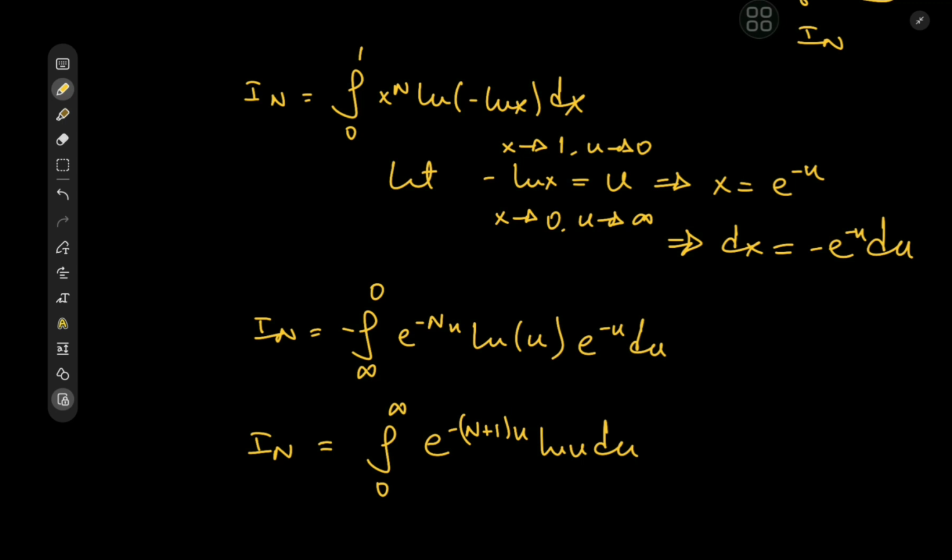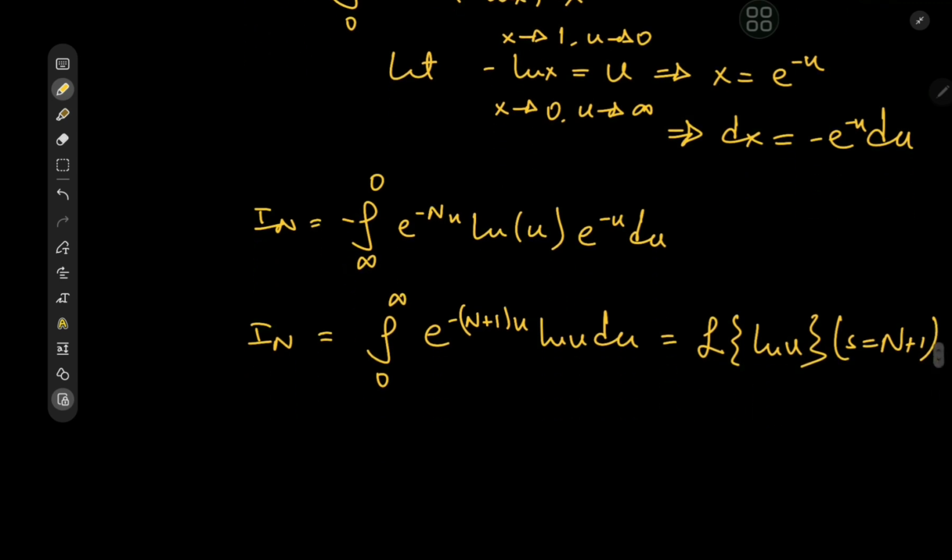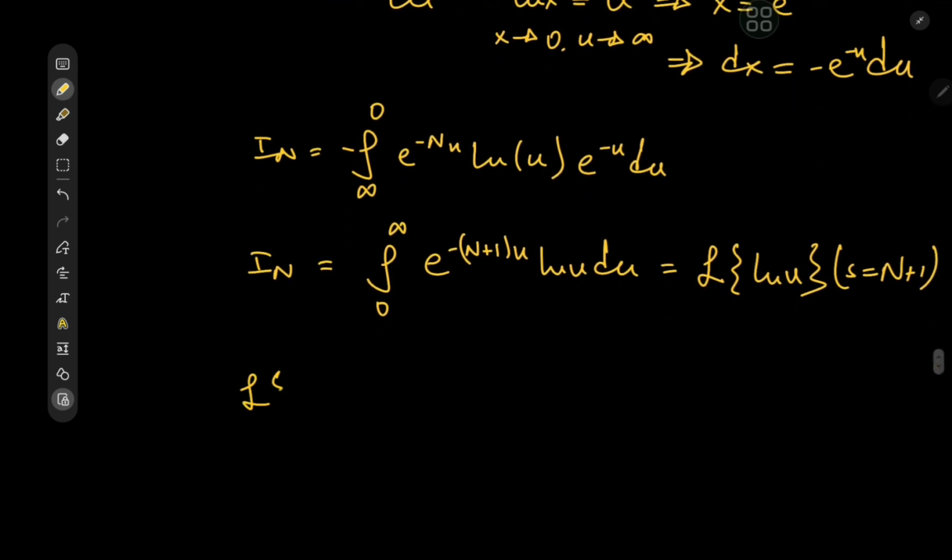We immediately recognize this as a Laplace transform. It is in fact the Laplace transform of log u as a function of s, where s in this case equals n plus 1. And the Laplace transform of log u as a function of s actually equals negative of the Euler-Mascheroni constant plus log s, divided by s.